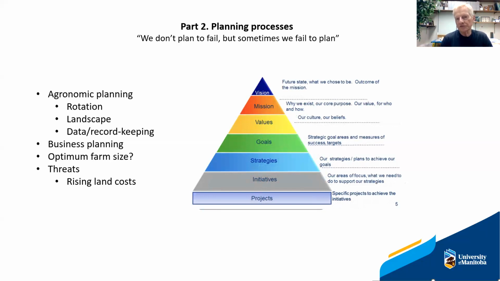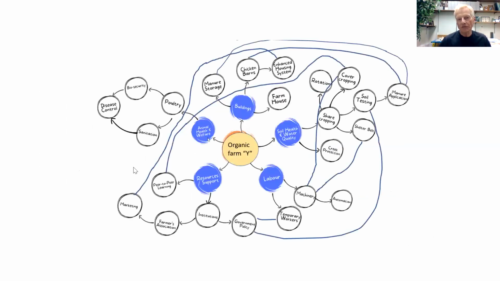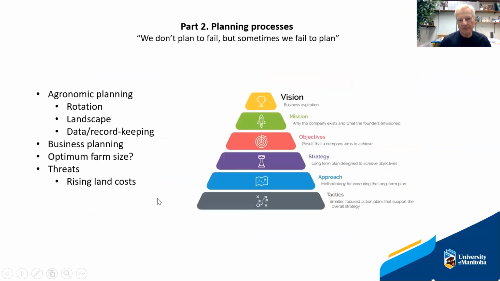These three things are very important: vision, mission, values, and then what are the strategic goals of the farm? And then the projects, like I said, intercropping peas with oats instead of intercropping peas with mustard, that sort of falls out of all the plans, of all the mission and vision.